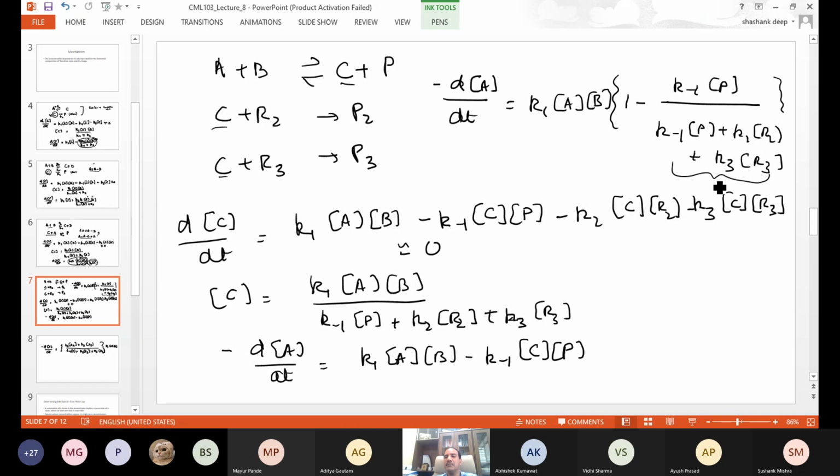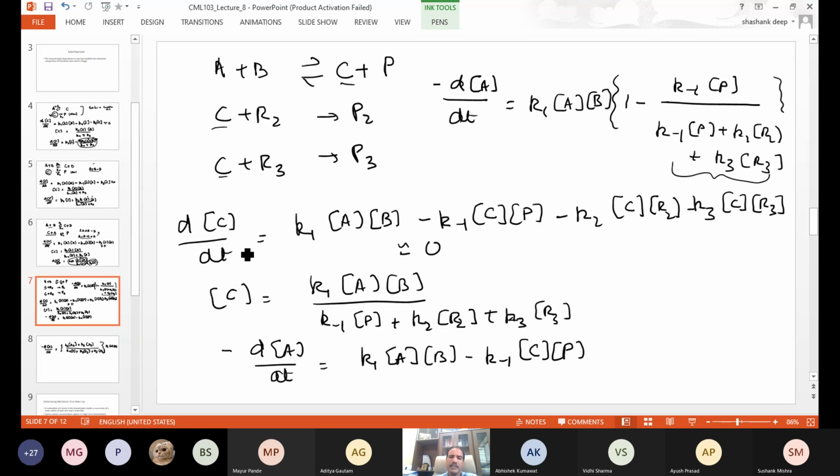This is another way of telling the same thing, that it is reacting with all these three species. And since this one is a product, it must have been formed one step prior to this. Am I right? These two are reactants, and this must be reacting with the intermediate.